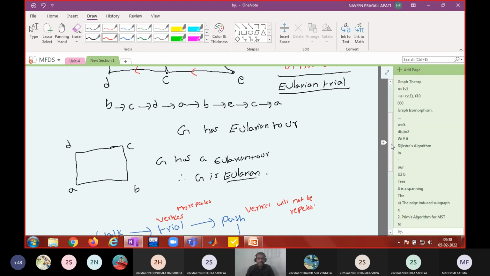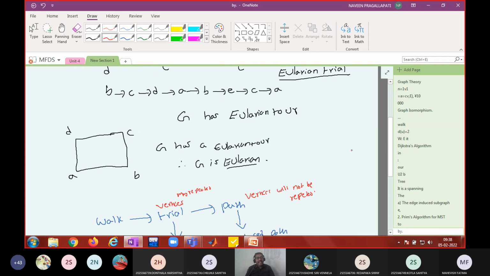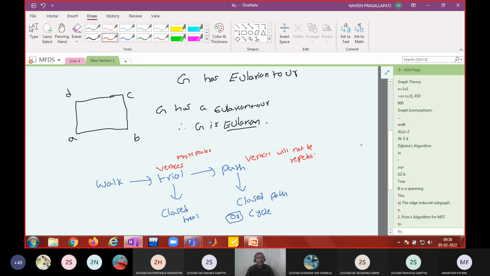If the graph contains exactly two odd degree vertices, then it will definitely have an Eulerian trail. If the graph does not contain any odd degree vertex, only then will it be Eulerian. That means a graph will have an Eulerian tour only when each vertex is of even degree.